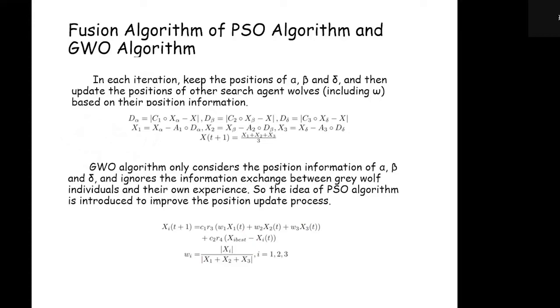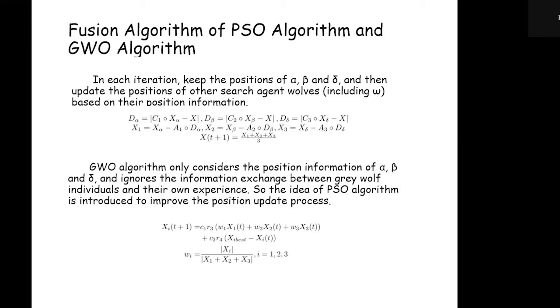The new position is determined by the average of x1, x2, and x3. The parameters C and A are determined by the number of the current iteration and two random numbers between 0 and 1.